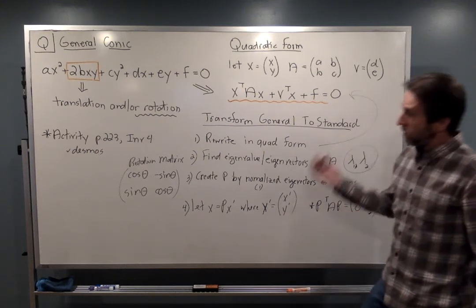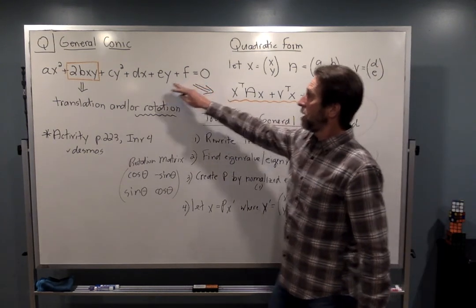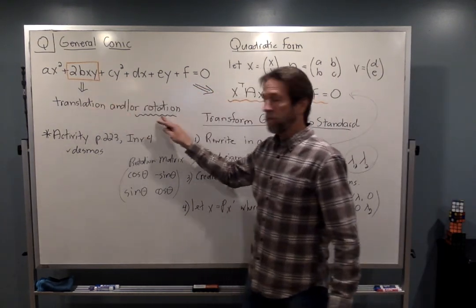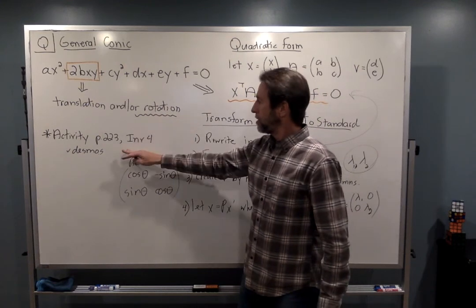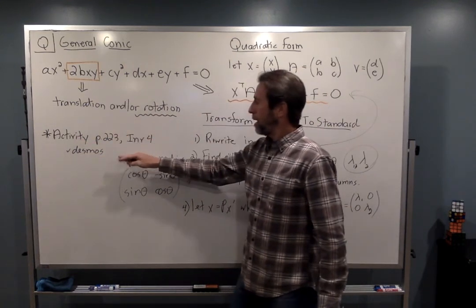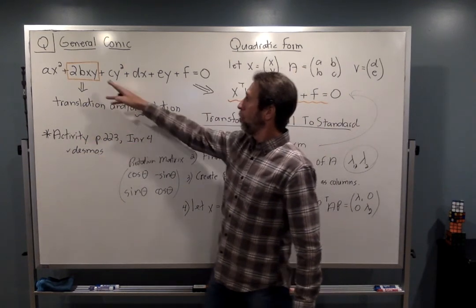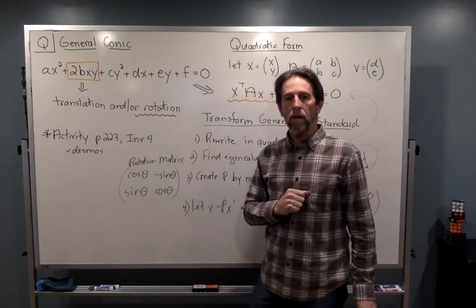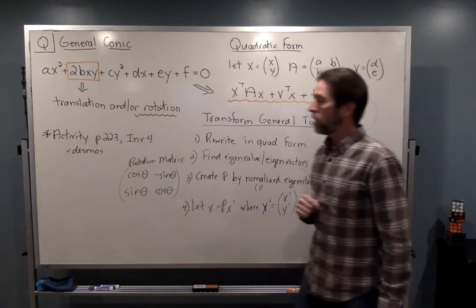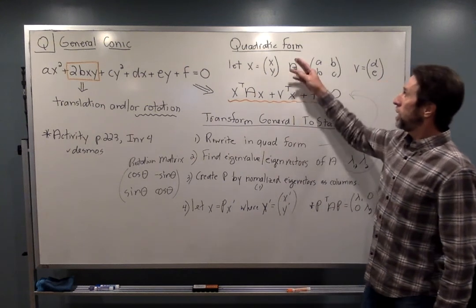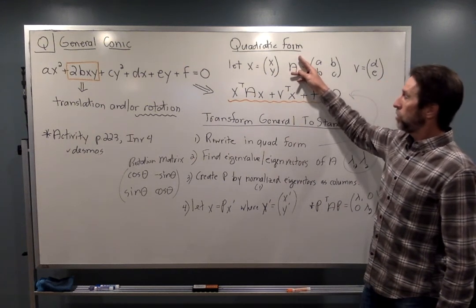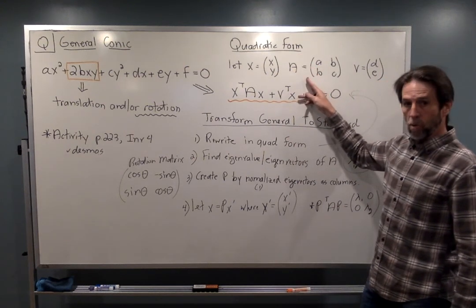So here's the information. We know the general conic has this XY term. That's going to lead to translations or rotations. This activity will help you start to make some sense about how you can make that prediction, and we'll sum that up in our next short video. But really what it comes down to is this. We want to be able to take a conic in general form and put it into this quadratic form.